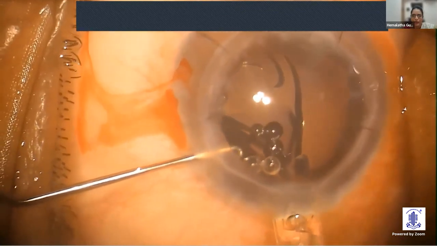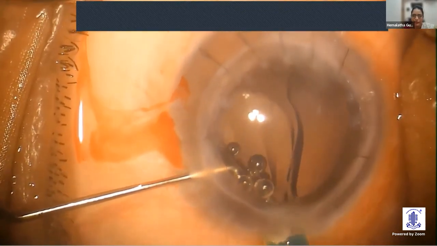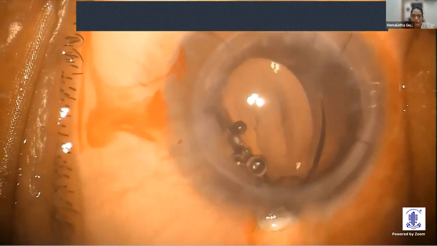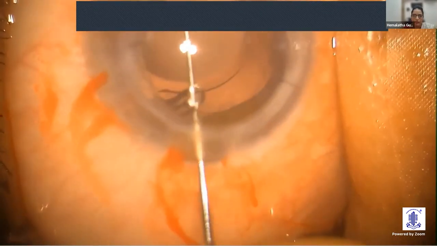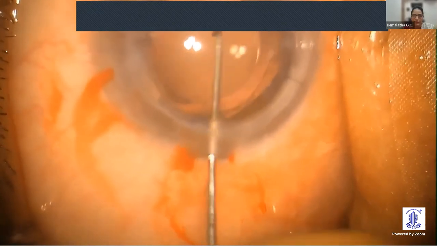Though this patient had around minus 6.5 cylindrical power, I did not place a toric lens. So the lens is dialed into the bag.